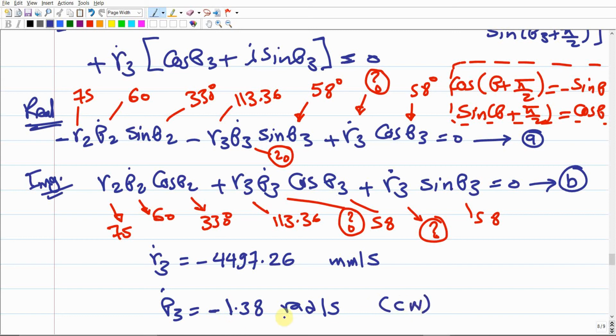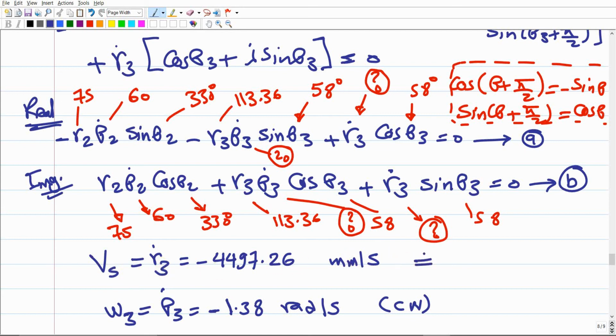This is the direction for the theta 3, and remember that theta 3 dot gives us the angular velocity of the link, and this is related to the rotational motion of the link itself. But R3 dot, this is the sliding velocity of the link, so this should be like the VA or the sliding. We can just give this one as VS, where the S stands for the sliding velocity of the link inside the slider, and there is negative.